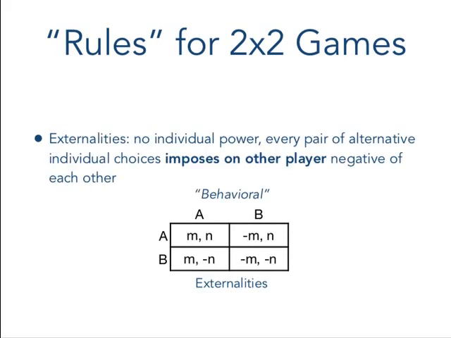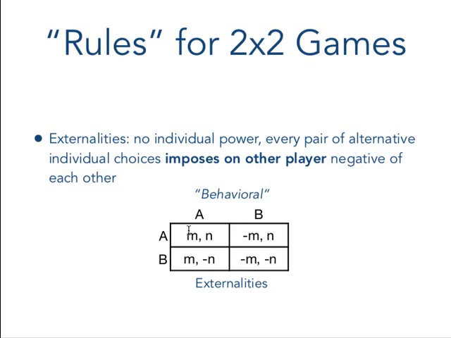The externality component, on the other hand, remember that there's no individual power. So here, if player 2 is choosing A, you're player 1, you're just getting an M no matter what. The only way you can get something different is if the other agent changes their strategy. When the other agent changes their strategy, you get the negative of what you were getting.